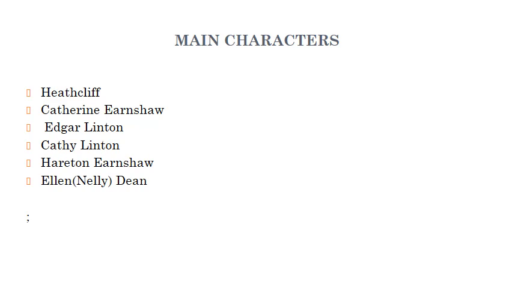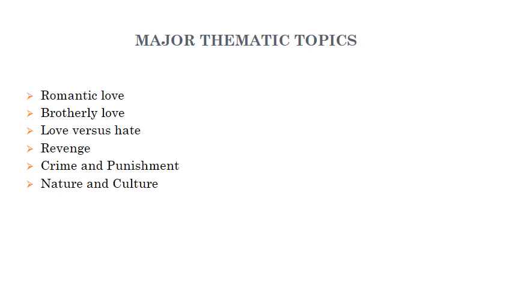It's a multi-generational novel which deals with love, hate, revenge. All these elements are traced in this novel. Now, the major themes we find in this novel are romantic love, brotherly love, love versus hate, revenge, crime and punishment, nature and culture.